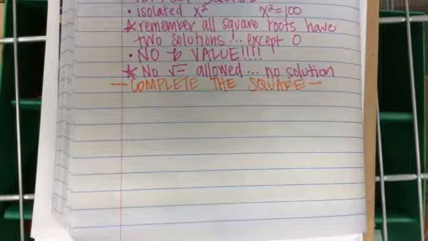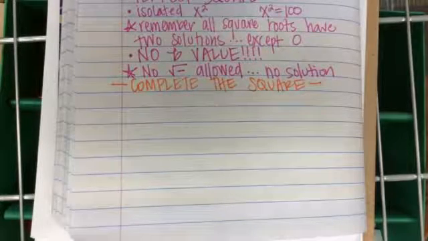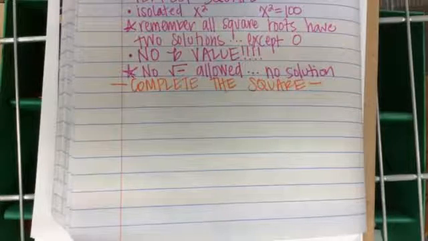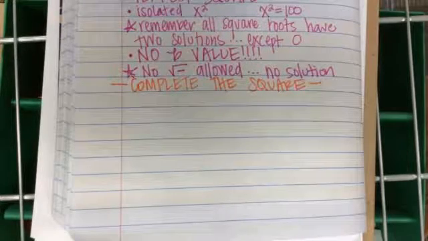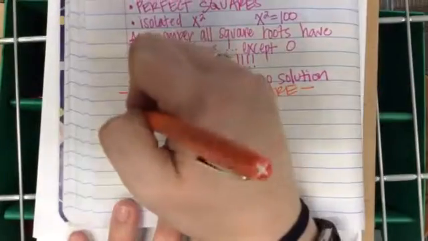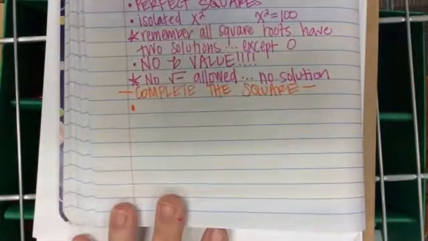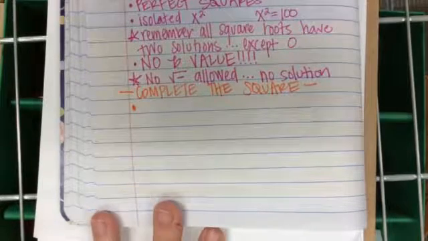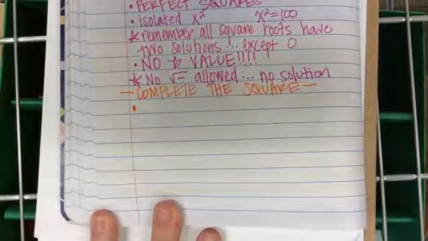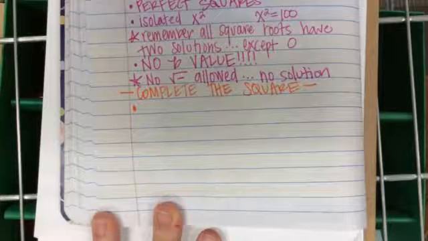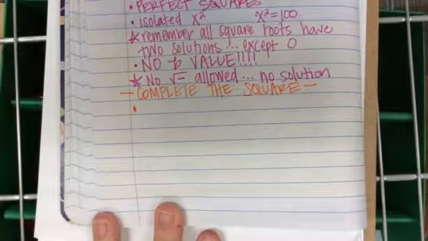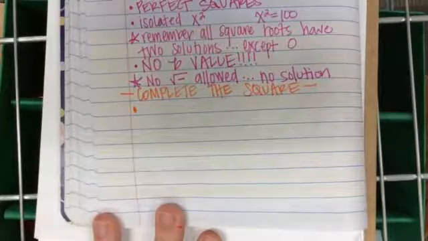What's your clue that this should be complete the square? B divided by 2 squared. But there's something that tells us to complete the square.